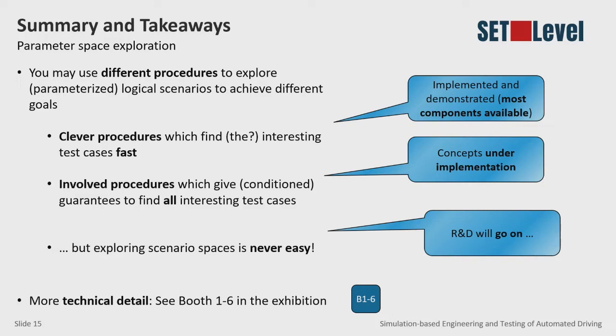It's not fully implemented yet. It's in the early stages of implementation. We'll continue that in VV methods, which gives you some kind of guarantee. Let me say the best I can imagine currently for this test problem of a large scenario space. And yes, we have a fast procedure which is implemented. We have a more complex one which is going to be implemented.